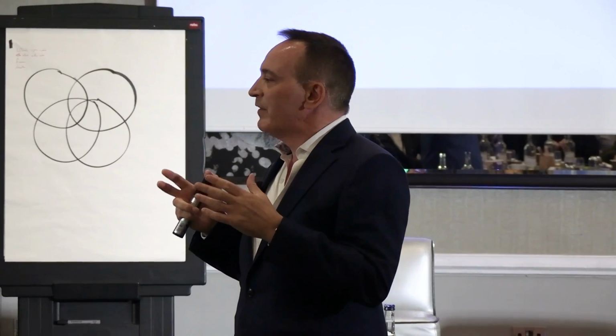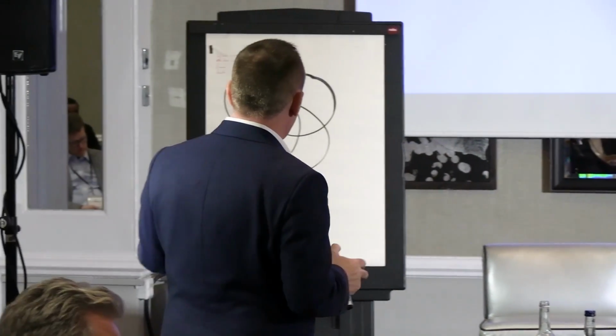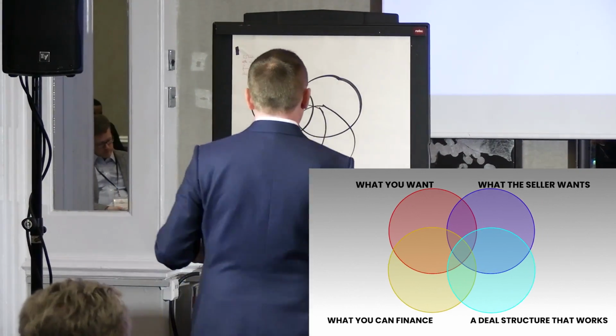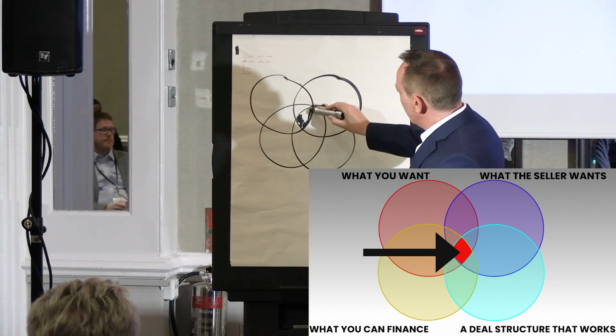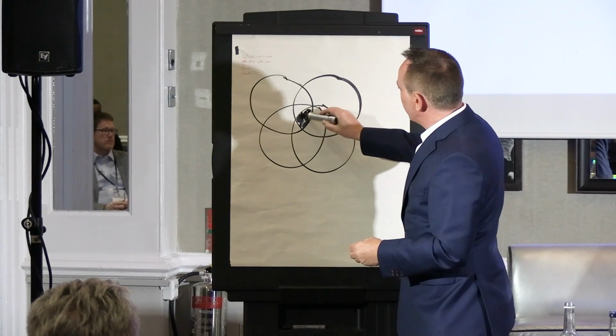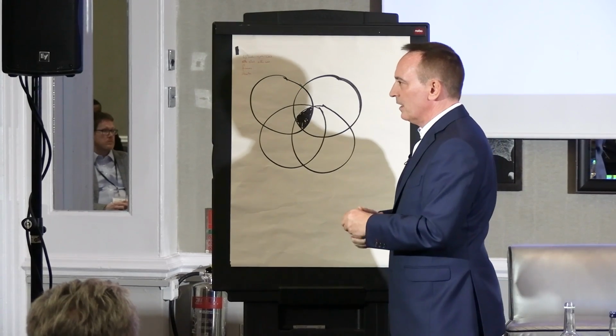You've got to have a deal structure that fits in with the financing available, fits in with what the seller wants, and fits in with what you want. And then this bit in the middle, which is this bit here, if I just fill that in, that's the overlap of all of these things. And that is your deal.